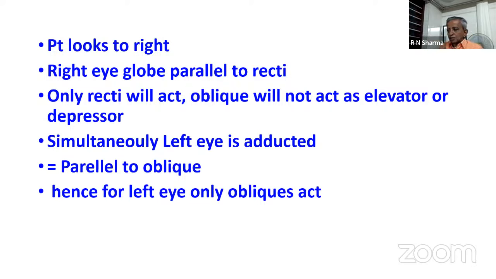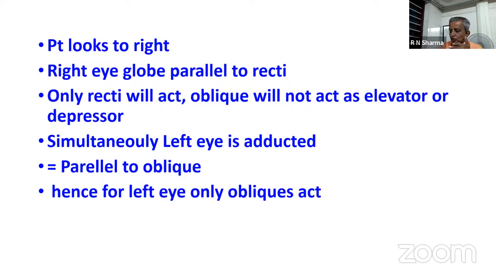For example, in my gaze, I am looking to the right side, the right eye is abducted, the left eye is adducted, and the right eye becomes parallel to the recti. Therefore, elevation and depression is the property of the right eye only. For the left eye, when the eyeball is adducted, it has become parallel to the oblique.